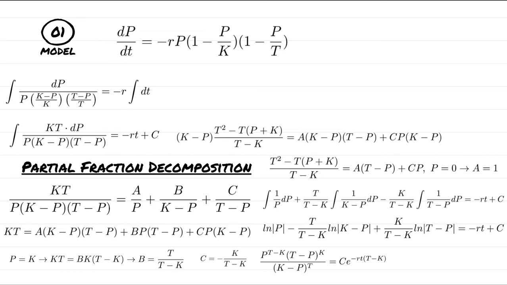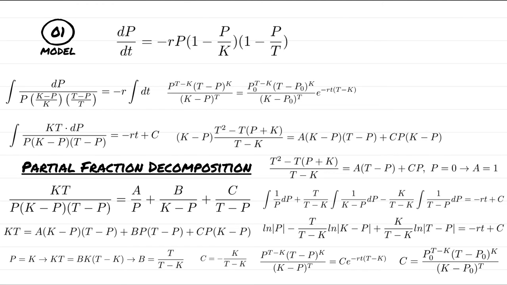You'll also notice that I've brought the t minus k, which was in the denominator on the left, over to the right hand side first before I exponentiate it on both sides to get rid of the natural logarithm and bring this c out to the front on the right hand side. And then if we apply our initial condition, that our population at time 0 is equal to p0, then we're left with this as our constant.